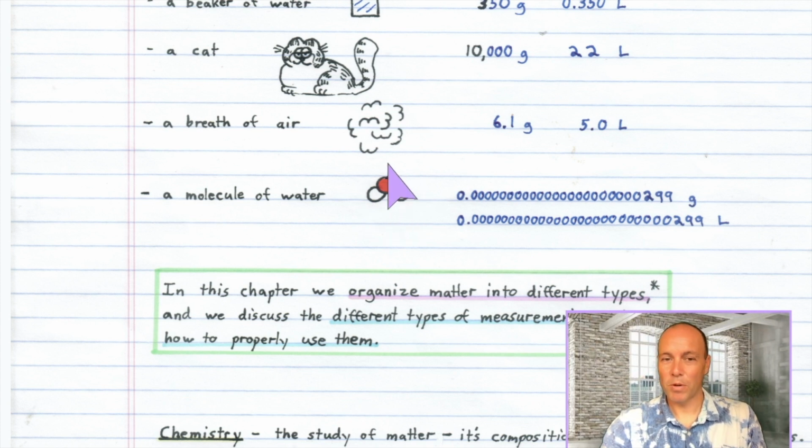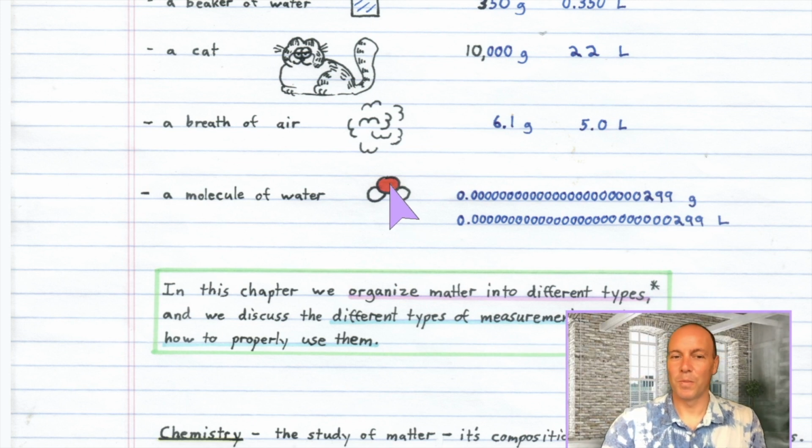So this is a representation of a water molecule. A water molecule is one oxygen atom connected to two hydrogen atoms at the same time in this triangular shape. So we also call water H2O for the two hydrogens and the one oxygen, H2O. A tiny water molecule actually does have mass.